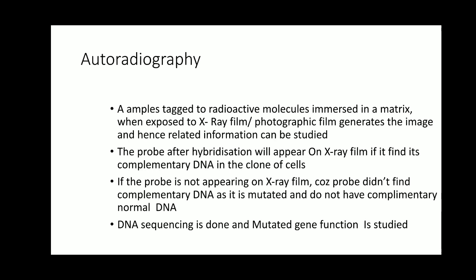After the detection, what will happen? Whichever probes containing the radioactive elements find their complementary DNA in the clone of cells will form the image in the X-ray film. For the mutated gene, it will not find the complementary probe, because we have designed the probes in accordance with the normal DNA.